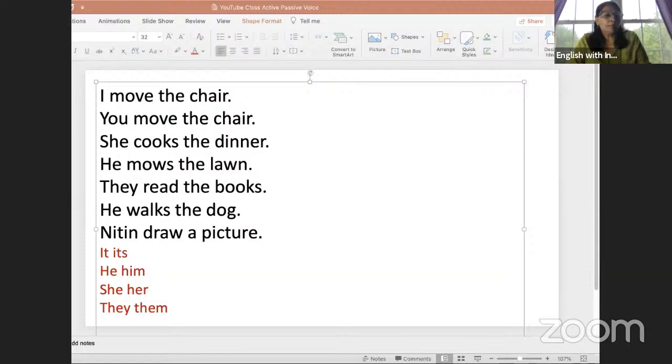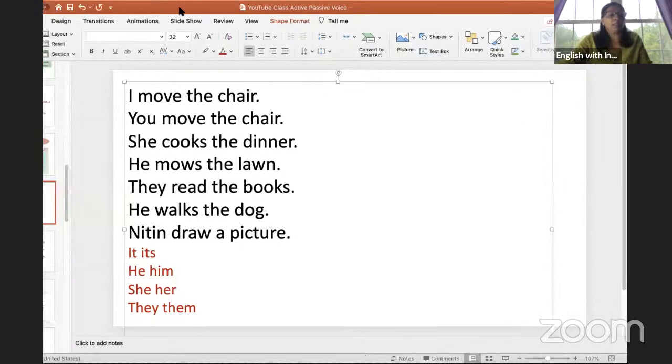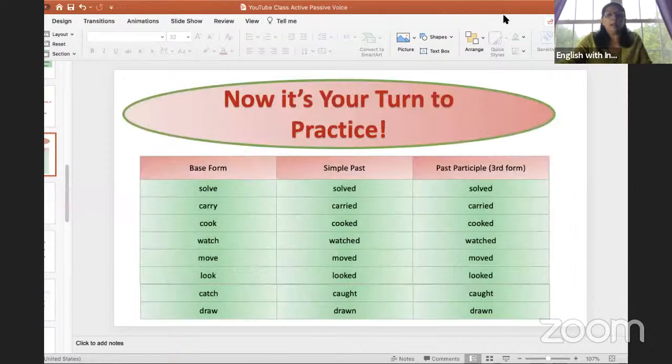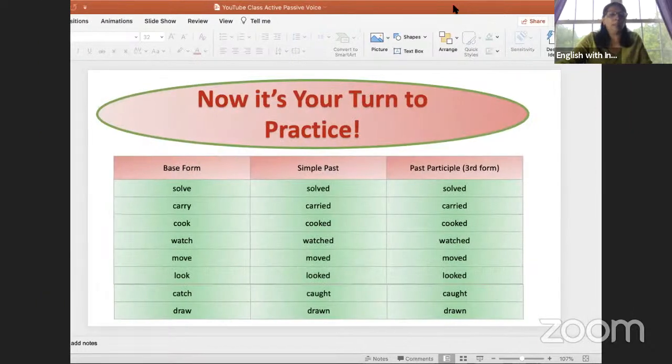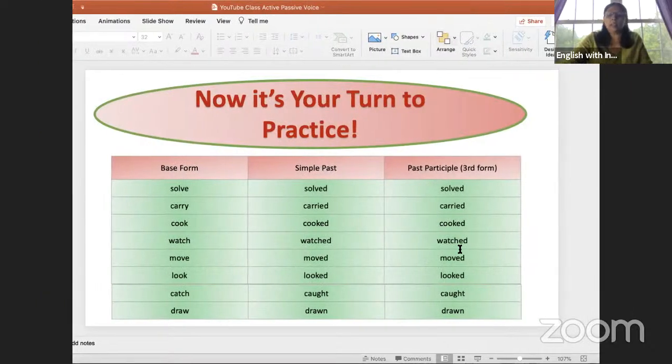So we will continue this active voice and passive voice. Next time we will be moving on to the next step in this lesson. But for today, I have one more slide if you want to practice for the next 5 minutes. I have these verbs, base verbs, simple past and past participle.